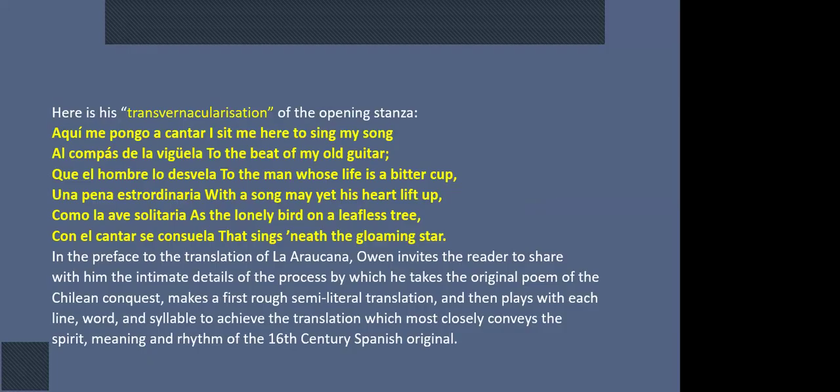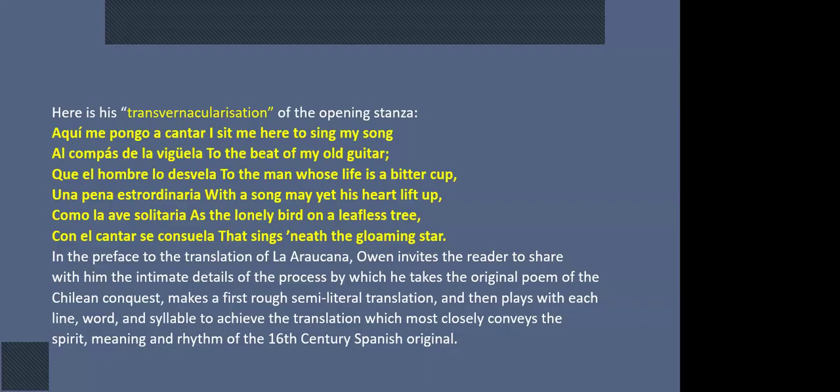I sit me here to sing my song, al compás de la vihuela, to the beat of my old guitar, que el hombre lo desvela, to the man whose life is a bitter cup, una pena extraordinaria, with a song may yet his heart lift up, como la ave solitaria, as a lonely bird on a leafless tree, con el cantar se consuela, that sings neath the gloaming star, the gloaming star. So you see, there's a great deal of adaptation here.